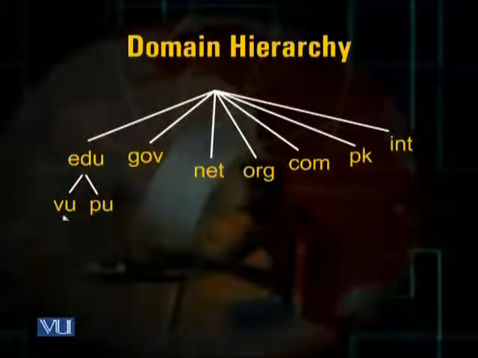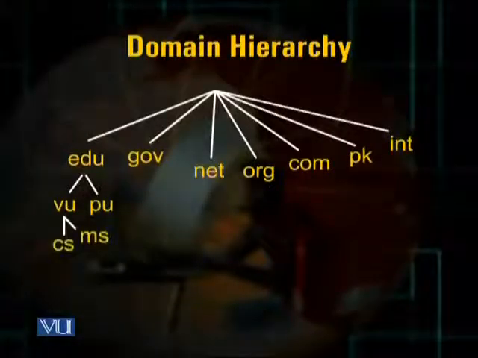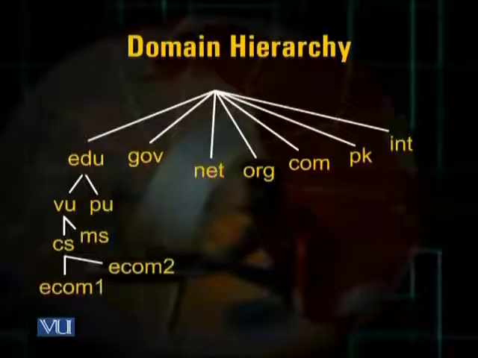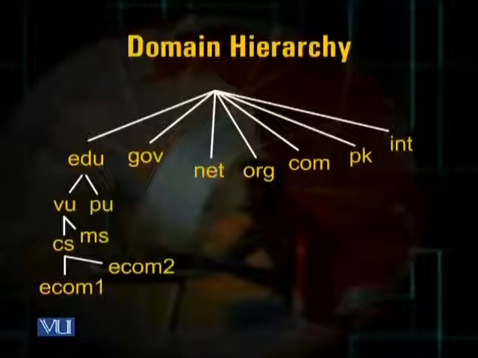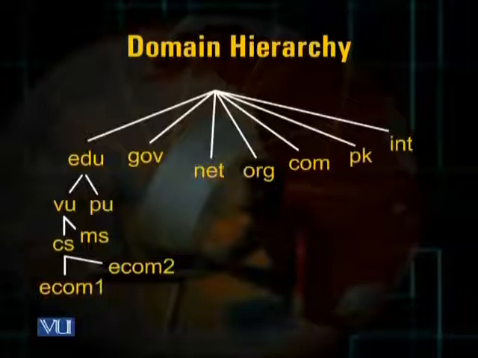Vu then becomes another node. It can generate 2 more branches. One is CS and the other is MS, or management science. And then the node CS is further split into 2 branches. One is ecom1 and the other is ecom2. You can understand that ecom1 here refers to a web server machine, and ecom2 also refers to a web server machine.